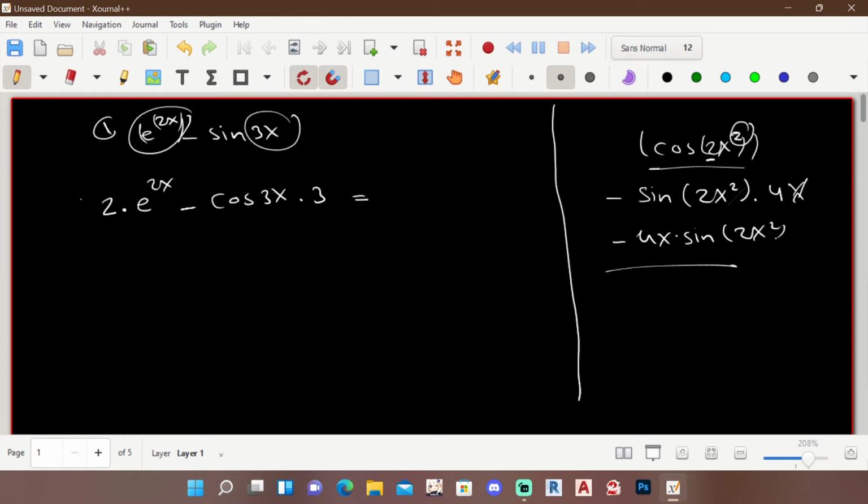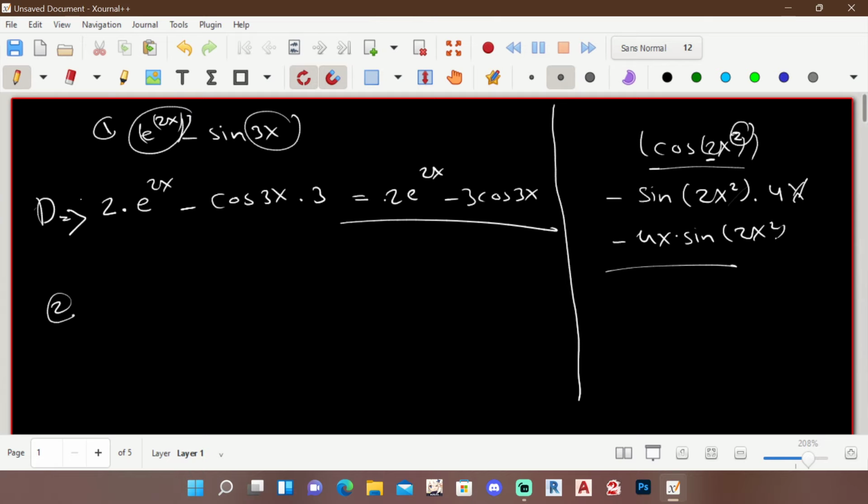We can just write it. I'm gonna do like big D here, its derivative. Okay, so you know. And this will be 2e to the power 2x minus 3 cosine 3x. And this is my answer.